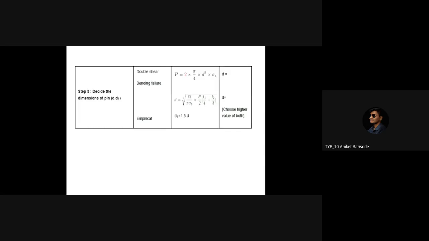While using double shear of pin, we derived the formula from the geometry of the pin as P is equal to 2 multiplied by pi by 4 d square multiplied by tau S, the permissible or design shear stress for the pin, which we already calculated. Can somebody tell me what you got?